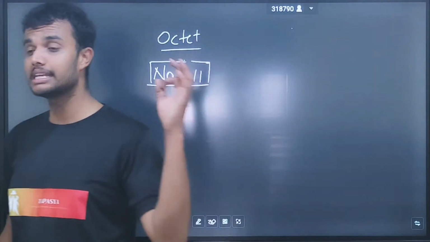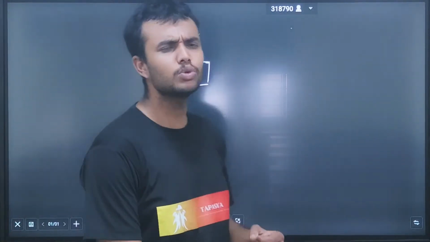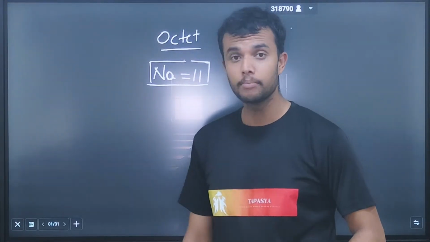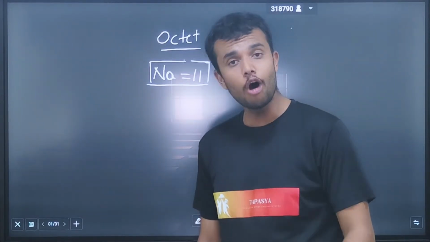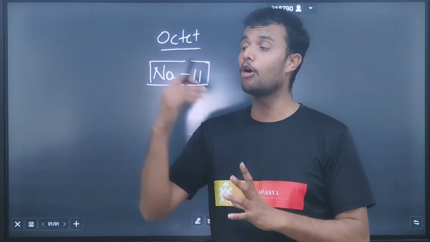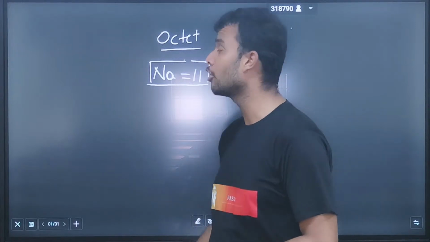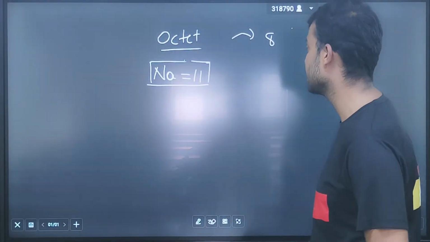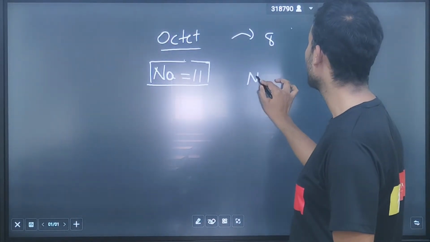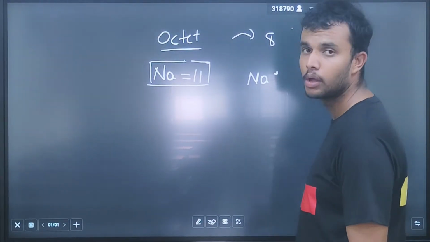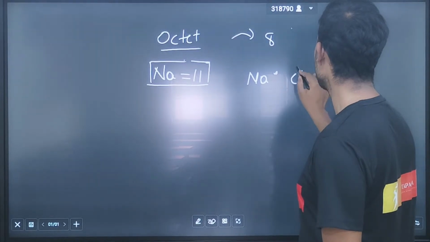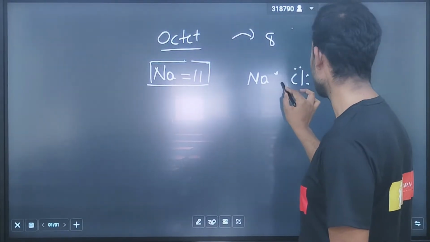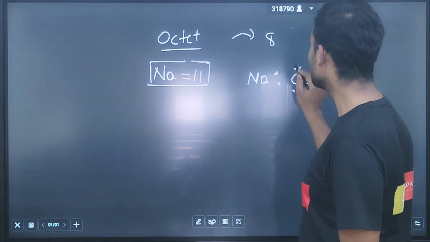Now take chlorine. What is its valence? 7. Now what will happen? This sodium atom gives one electron to the chlorine atom, and then it will form one bond. This bond contains two electrons.